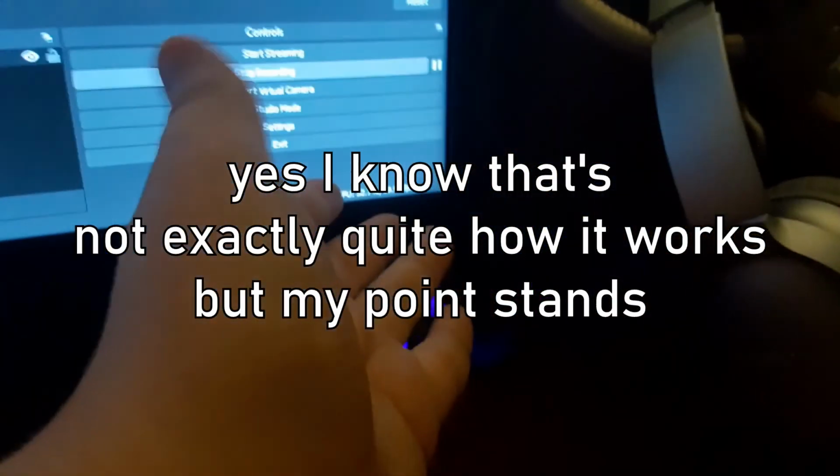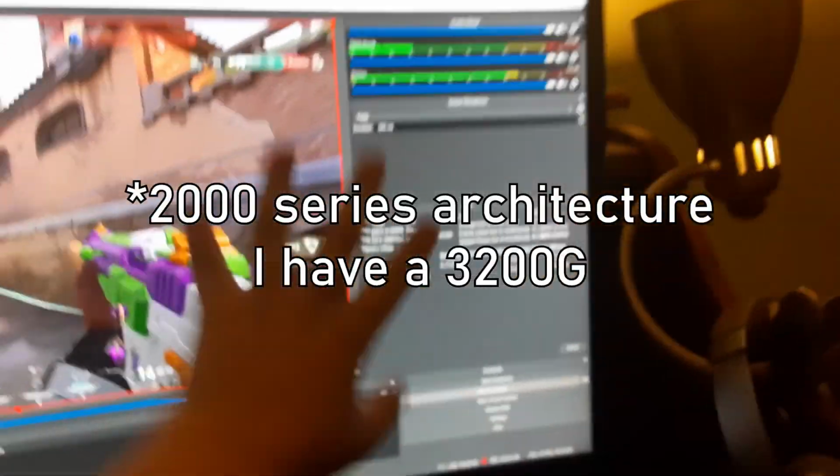Even if Valorant uses 10, it gives OBS 2 cores, 2 threads to work with. It's still usable, and this is on an older node, the AMD 2000 series Ryzen 3s. Maybe I've overclocked it to 4 gigahertz because it's old and runs like ass, but that's okay.